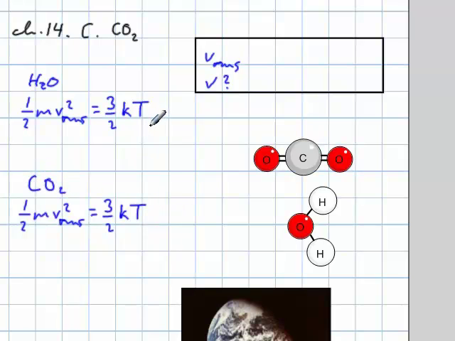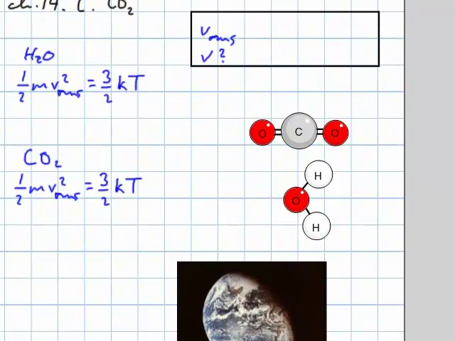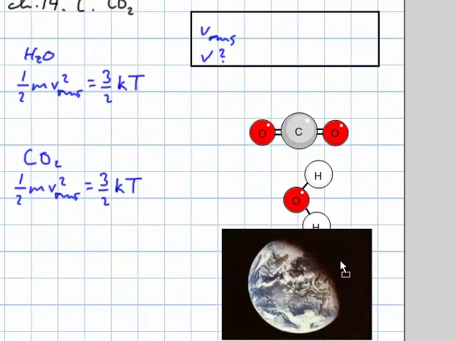So now we would know what the temperature is and plug it in here, and we know the mass for the CO2, where we would have a mass of 44 times the nucleonic mass, because each oxygen is 16, 2 times 16 is 32, plus the 12 here is 44. Okay. Anyway, actually I'm going to do the problem here. I'm just going to need a little bit more space.